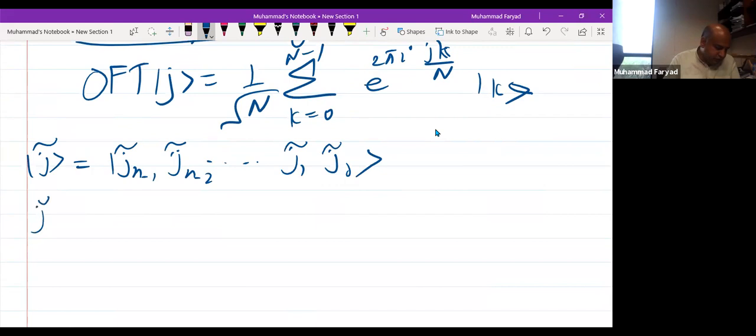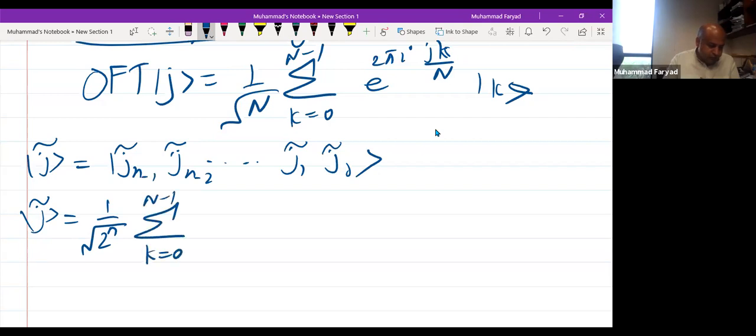So this J tilde is 1 over 2 power n square root, sum over k from 0 to N minus 1, exponential 2 pi iota jk over N, and this J is again the decimal representation of state J, and similarly K comes from this state K.